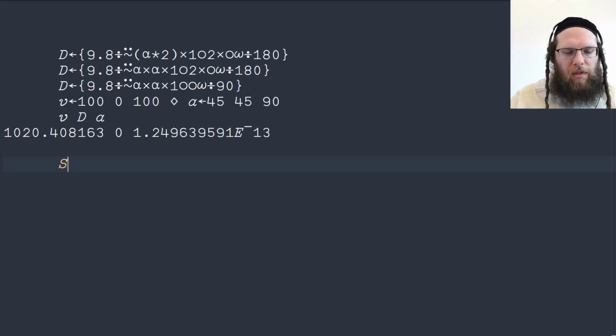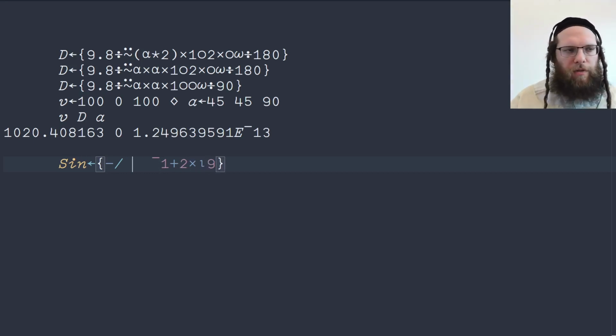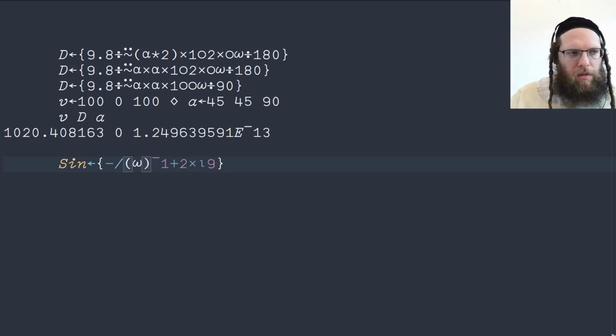So we can use a Taylor series for the sine function. That's the alternating sum. And then we start off with the odd numbers. We don't even need very many terms before we get a very accurate result. And then on those odd numbers, we raise the argument to those odd numbers and divide them by the factorial of those odd numbers.